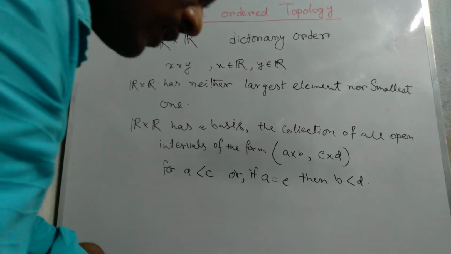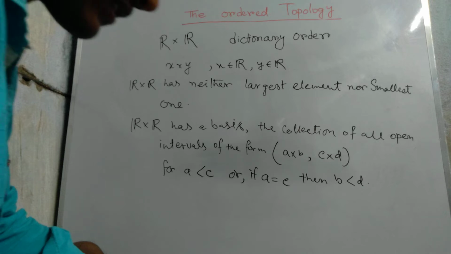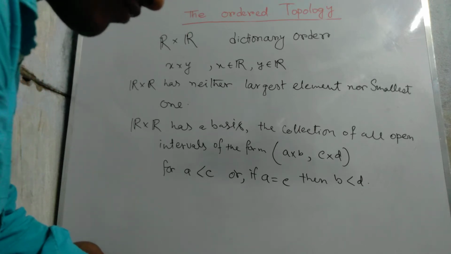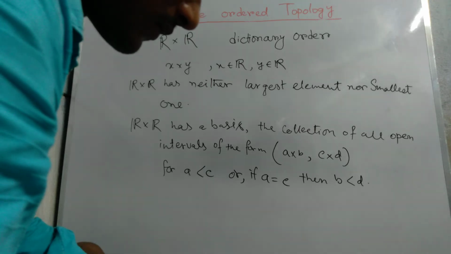In this way, we construct a basis, and this basis forms an order topology on R × R.